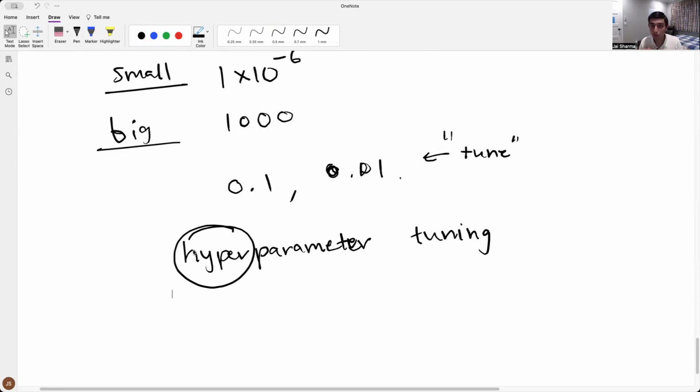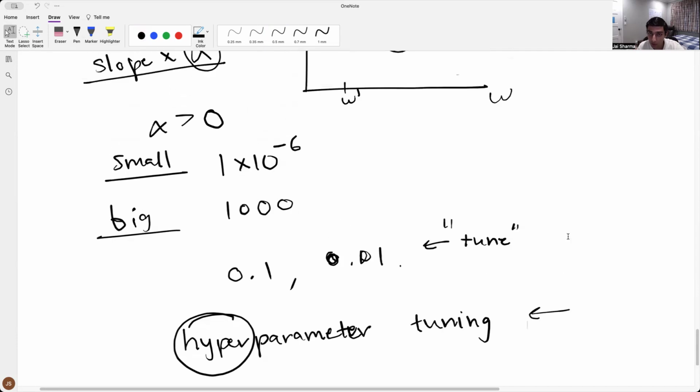Things like W1, W2, B, and so on would be considered parameters because that's what's used in learning, and that's what's being learned, right? But alpha is what's influencing the learning process as a whole. And you would have to experiment with different values for alpha in order to get to something that would be ideal for your use case. So that would be under the process of hyperparameter tuning.